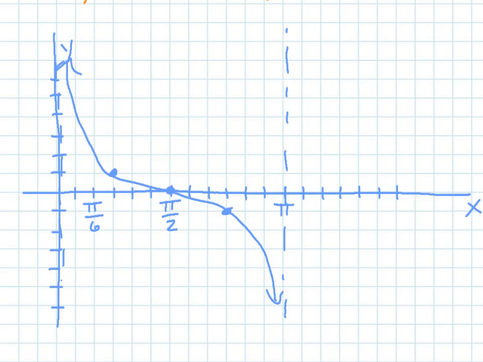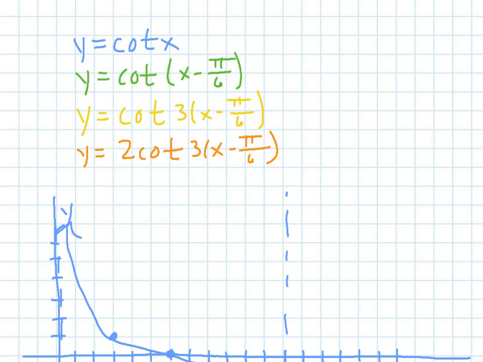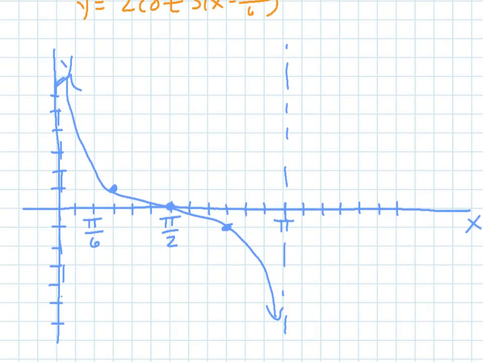Okay. So then the next one, now if we're using a phase shift of pi over 6, remember that's saying to the right pi over 6. So move all your values to the right pi over 6. So that means my asymptote would move to pi over 6. This one would move over a pi over 6. Pi over 2 would now be at 2 pi over 3.